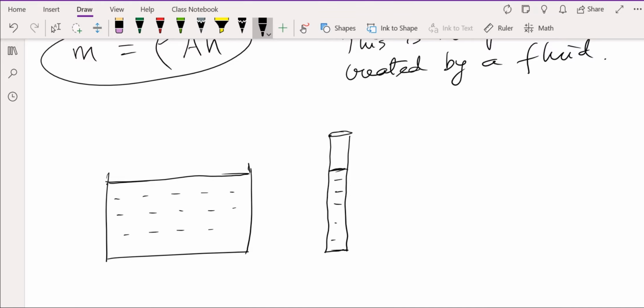Tell me, where is the pressure more? Is it at the bottom of the fish tank or the bottom of the measuring cylinder? Why? But isn't the weight of the water less?